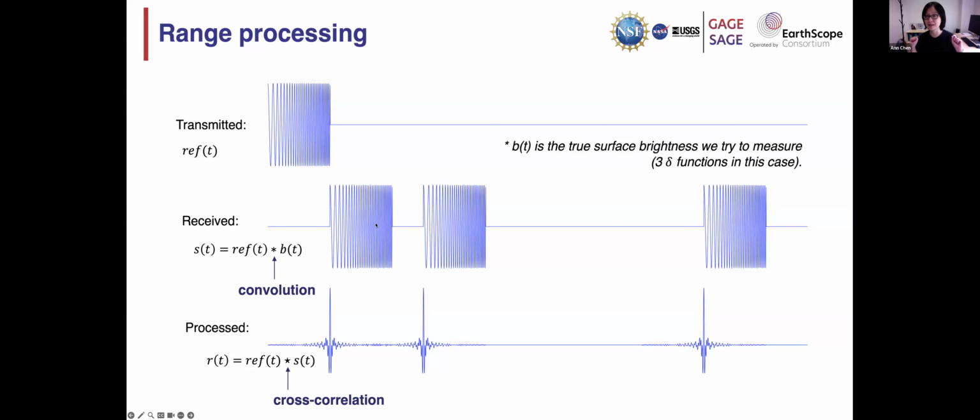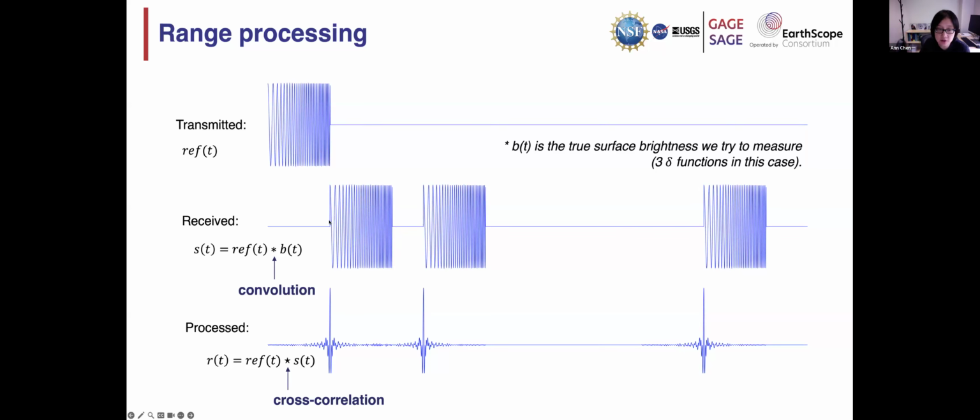This corresponds maybe to 3 targets located at slightly different range locations. It's just a duplicate of the signal we sent. If you have a brighter target, then the amplitude of that particular target is going to be bigger, and if you have a darker sample, then the return is going to be lower in amplitude.